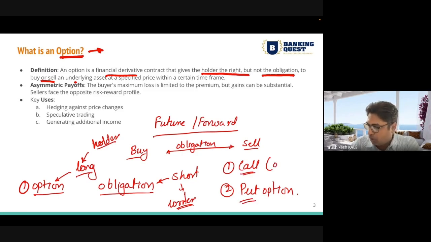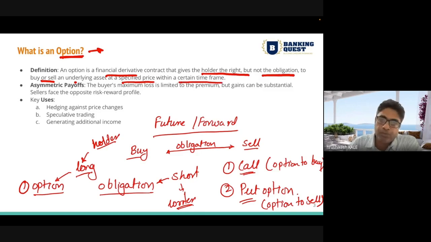So a call option is an option to buy, and a put option is an option to sell the underlying asset at a specific price within a specific time frame. So in all derivative products, specific price and specific time frame are important.